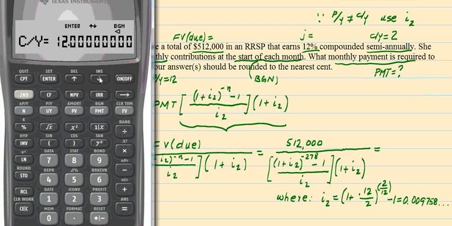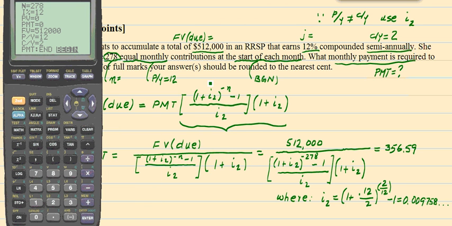And then scroll down, we'll have 2 compounding periods, so we'll have to overwrite, enter, and the next one is 0 for present value, and then 0 for payment, and 512,000 for future value, and then compute payment. So the payment is $356 and 59 cents.